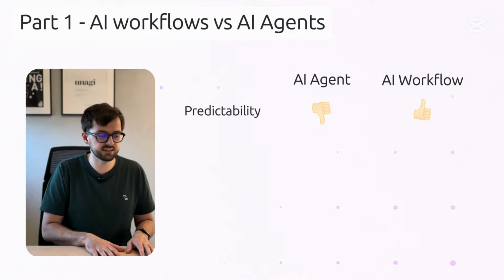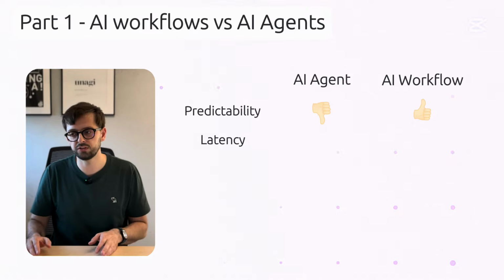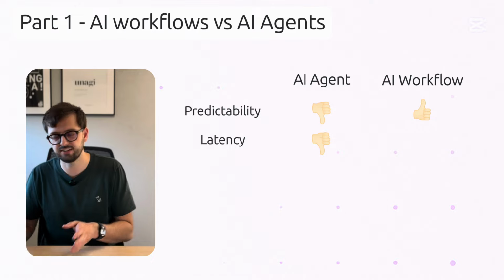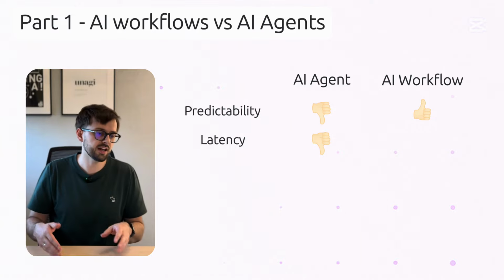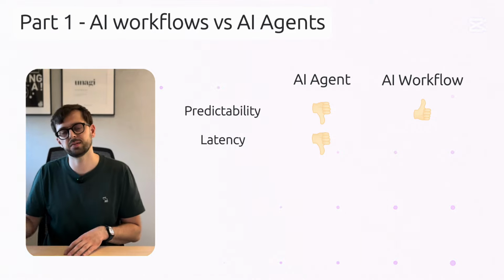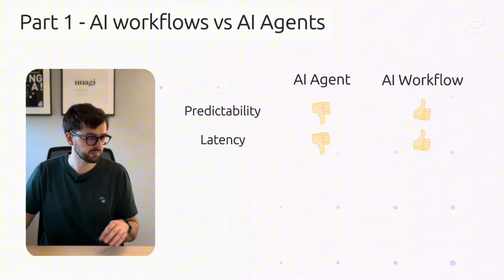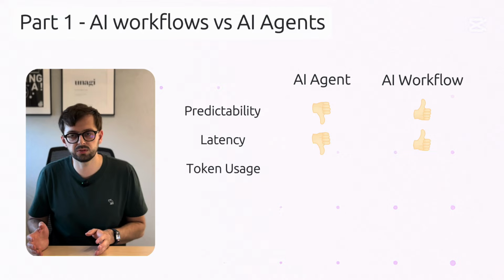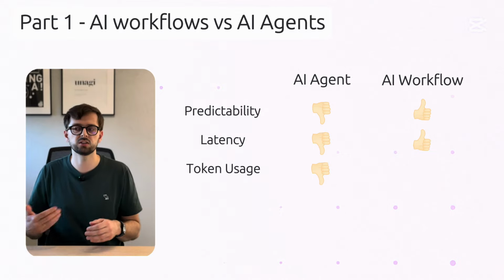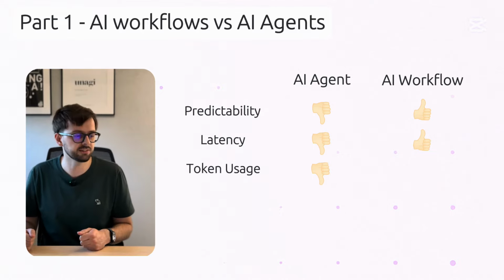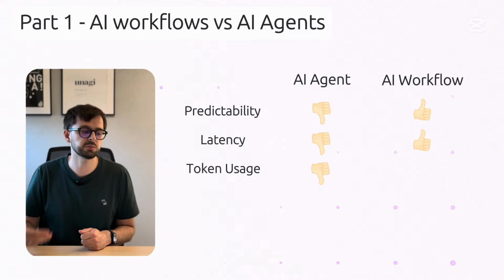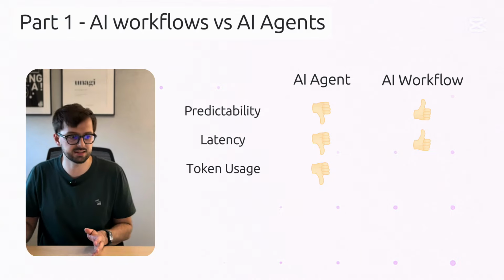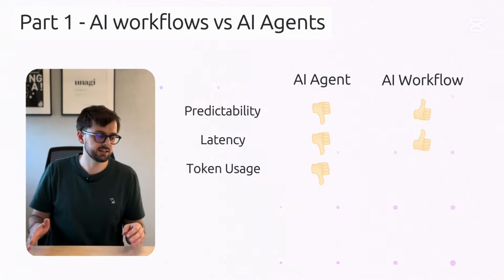When it comes to latency, AI agents need a lot of time to figure out the final response, and with AI workflows, in most cases, it's much faster. When it comes to token usage, AI agents produce and consume a lot of information to figure things out, so they will use many more tokens and be much more expensive than AI workflows.